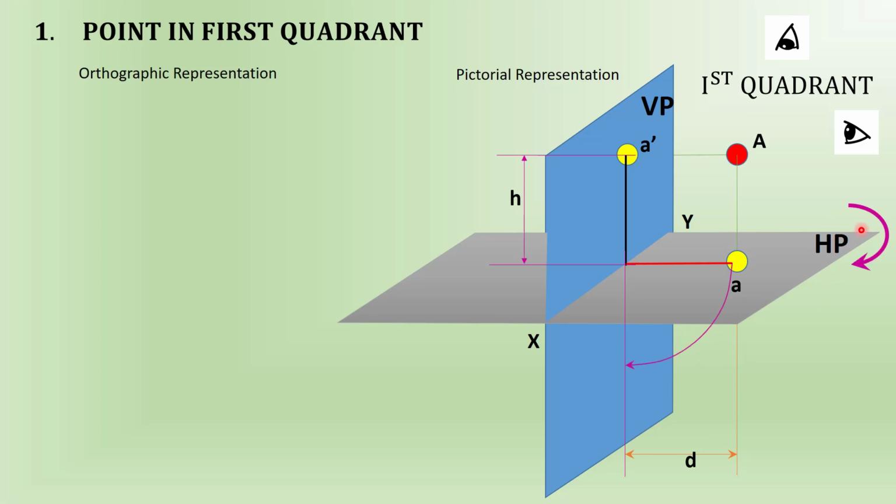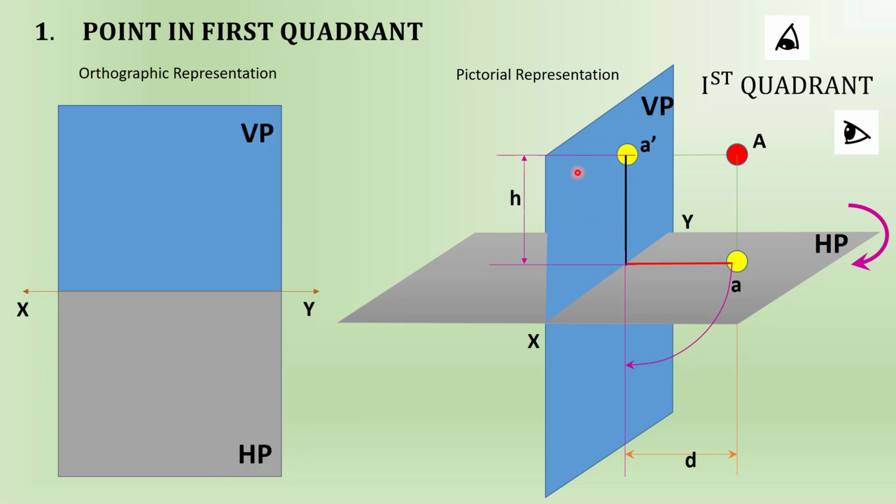When you rotate the horizontal plane, you can see that the image also gets rotated through 90 degrees. So the plan point will be obtained somewhere here. Here you can see that the plan is obtained below the XY line and the elevation is obtained above the XY line.